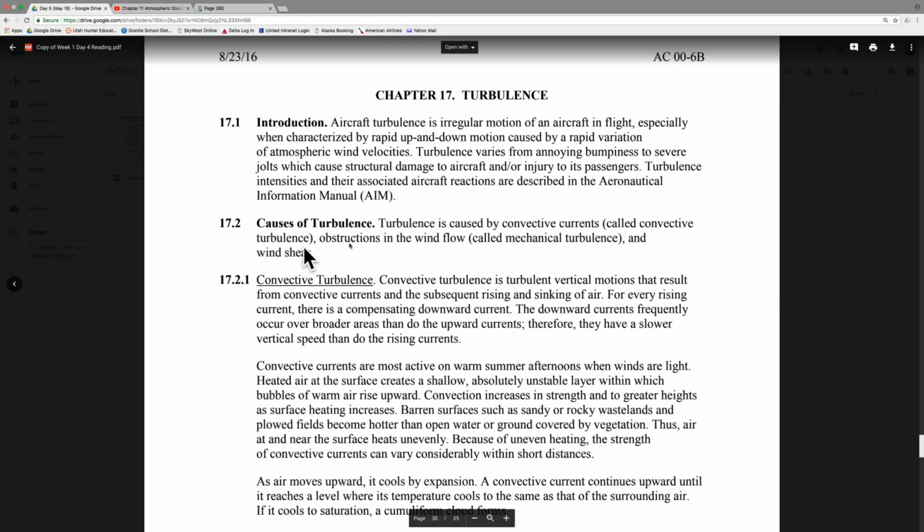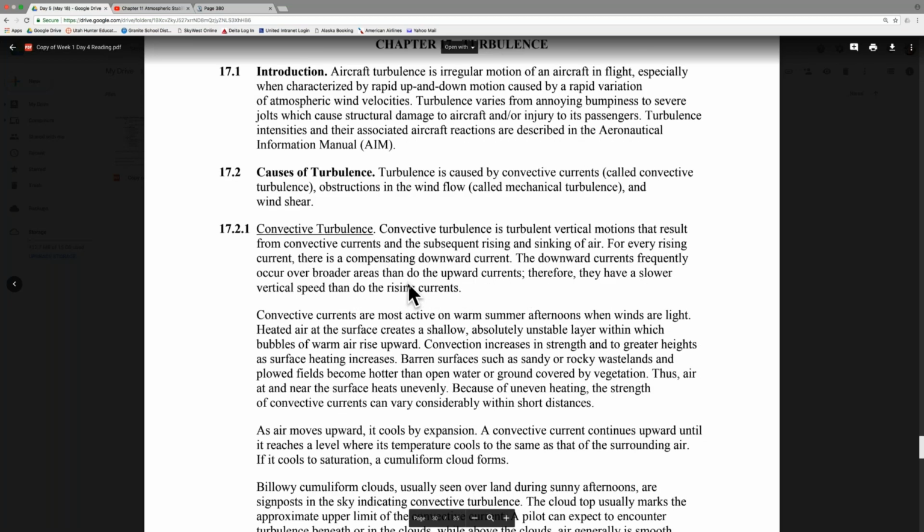This convective turbulence is going to be those thermal pockets, the pockets of rising air. And then wind shear typically occurs close to the ground. It's when there's an abrupt change in direction and speed of wind, which causes that turbulence that we all know and love.